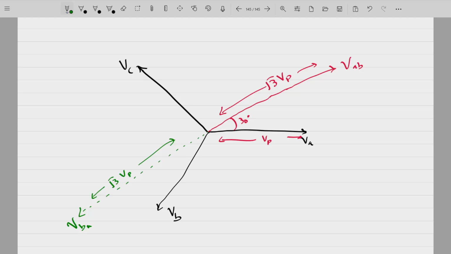That means ये आपका 210 है, या फिर आप minus 150 भी बोल सकते हो. ठीक है. ये आपका VAB हो गया. VAB, VBC. VBC will be actually 120 degrees from VAB.